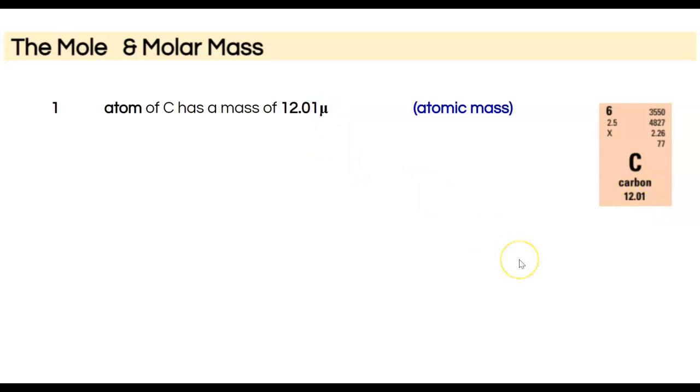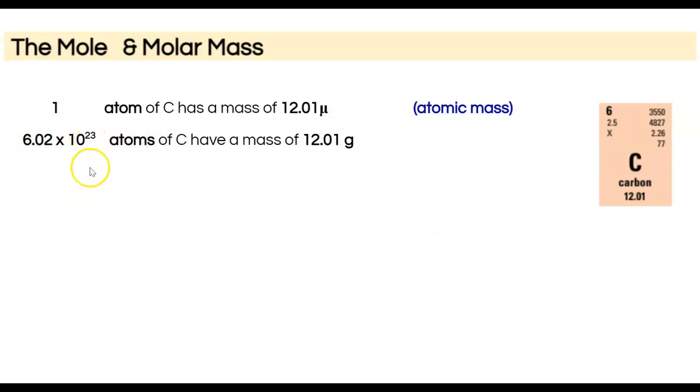Well, let's extend this to incorporate the mole. If I were to look at exactly 6.02 times 10 to the 23 atoms of carbon, in other words, that is a mole of carbon, then the interesting thing here is that that number of atoms, equivalent to 1 mole, has exactly a mass of 12.01 grams.